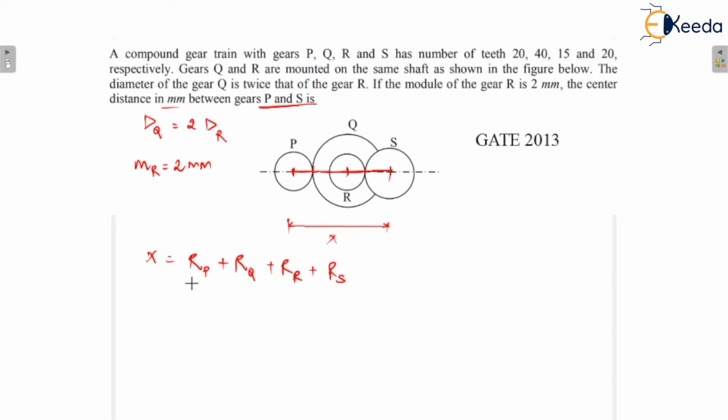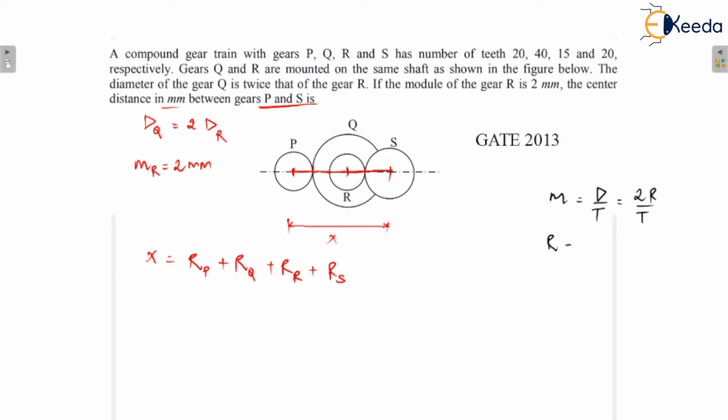Now see here, we all know that module is basically equal to d by t. If you convert it into radius, it would be 2r upon t, where t is the number of teeth, d is the diameter, r is the radius and m is the module.